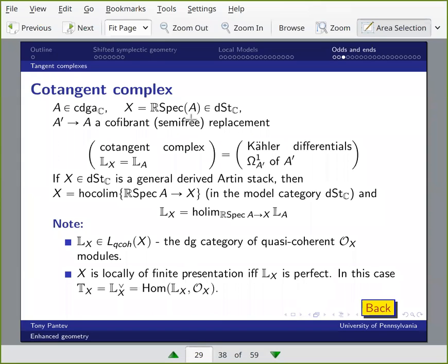If you take two different semi-free replacements, their Kähler differentials are quasi-isomorphic. And then you can globalize this: if you have a derived stack, then the sections of the cotangent complex on any affine open given by differential graded algebras are just the Kähler differentials on a cofibrant replacement, and you just take the limit of that. So the cotangent complex is a complex of quasi-coherent sheaves on your derived stack.